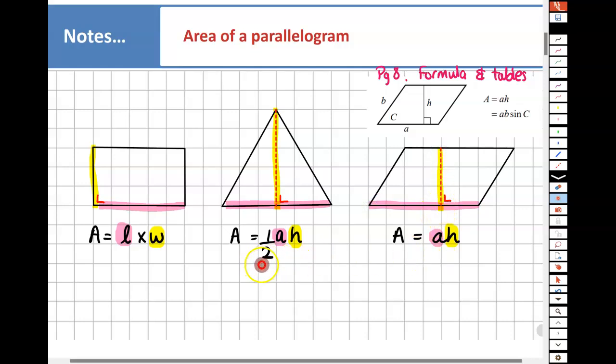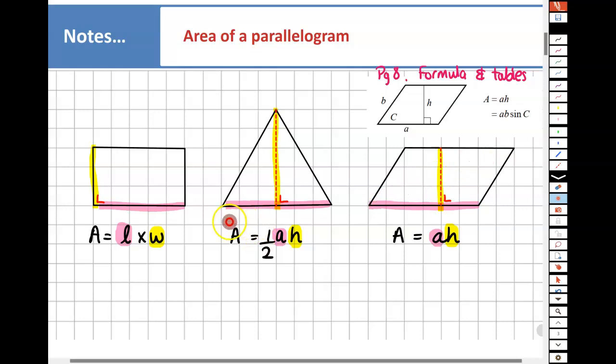Now you'll notice these two formulas are very similar. You have the half in front of this because we know that this is half a rectangle, but also we learned, and we saw this before, that this thing here, the parallelogram, is made up of two congruent triangles. So I could very easily split it there and make it into two congruent triangles, or I could split it there and make it into two congruent triangles.